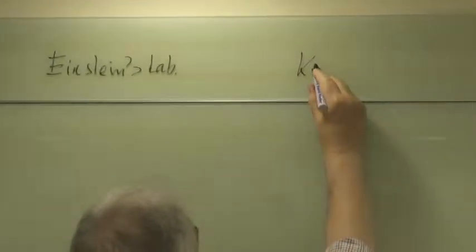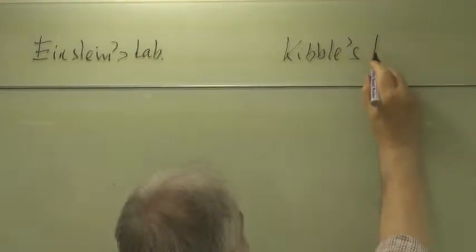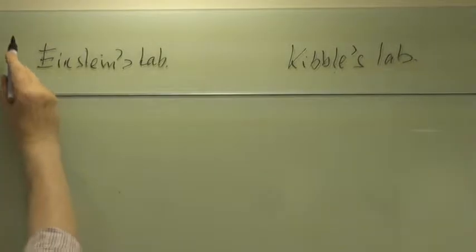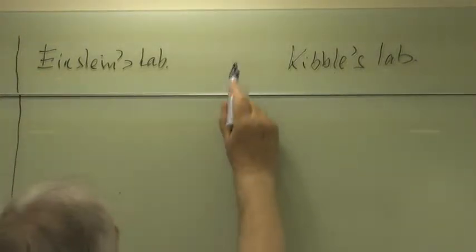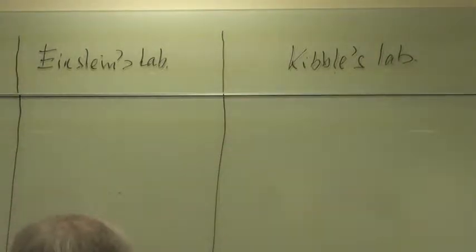Deriving general relativity, I mean, by means of the equivalence principle. And I just put it into these pictures, and we have here Kibble's slab.